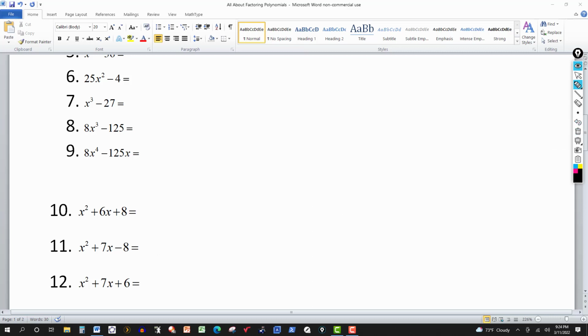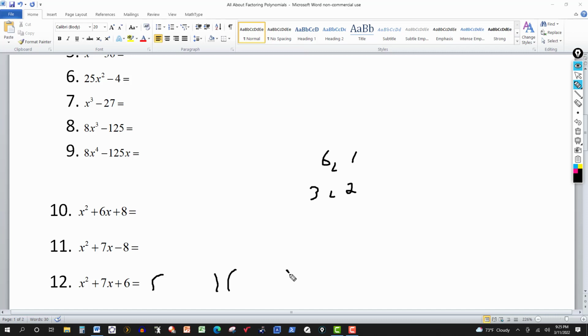And the next one, x squared plus 7x plus 6. This is a 1 here. So we want factors of 6 that multiply to give you 6 and add up to 7. So for this one we have possibility 6 and 1, 3 and 2, or 2 and 3.